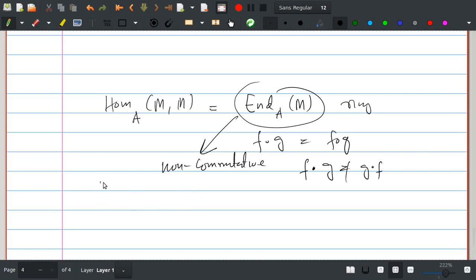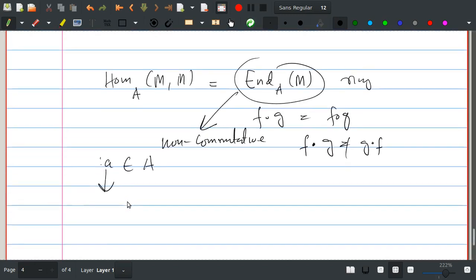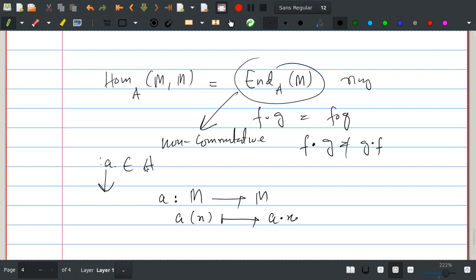Now each element in A, so if a is an element in A, then this a can be identified as an endomorphism of M. I mean each a in A can be identified as a module homomorphism from M to M, which takes an element x here to the element a times x. I mean each element in A can be identified as a module homomorphism, which is in this case the multiplication map.